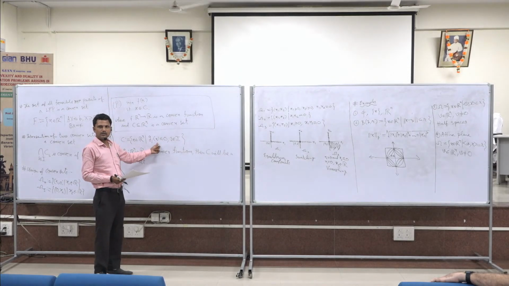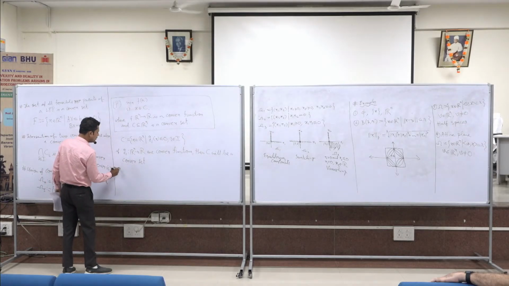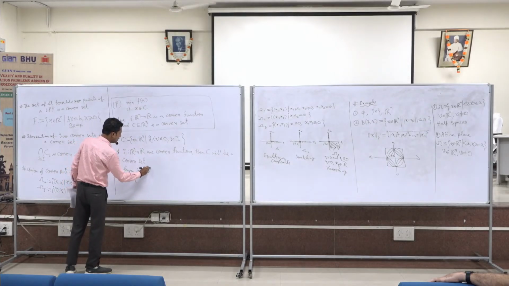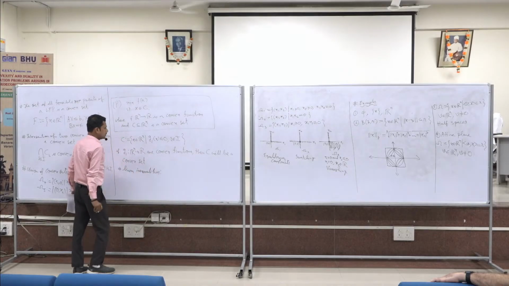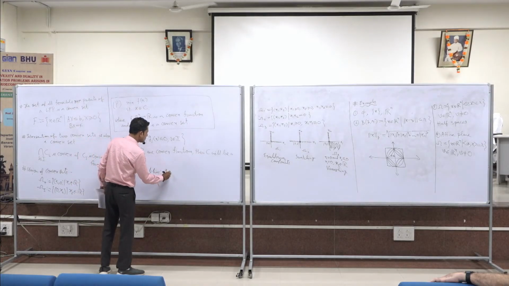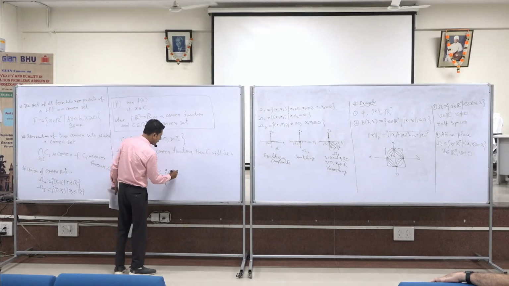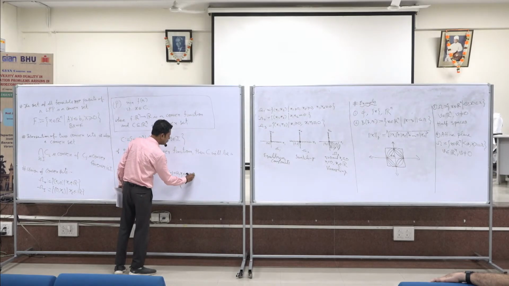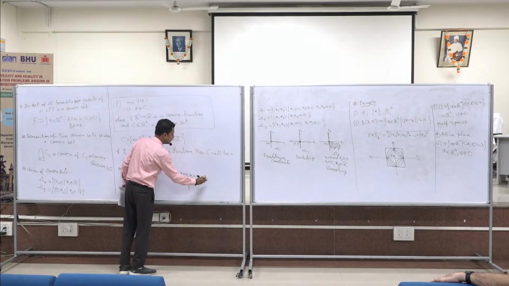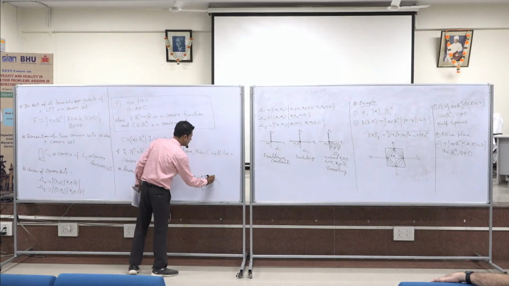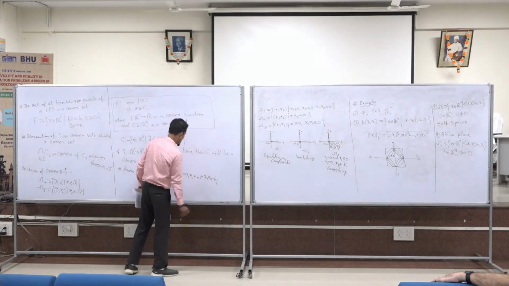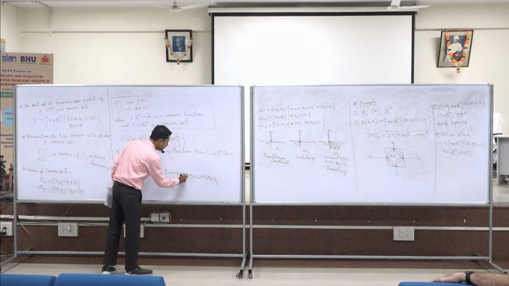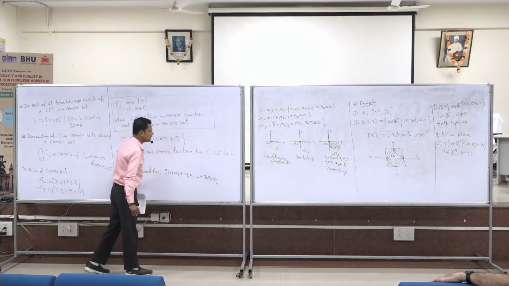So we can write gi(x) like ai1 x1 plus ai2 x2 plus up to ain xn minus bi.